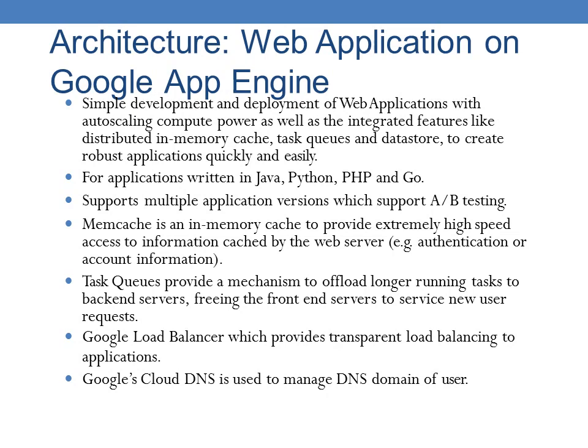Task queues provide a mechanism to offload longer-running tasks to backend servers, freeing the front-end servers to service new users. Google Load Balancer provides transparent load balancing to applications. Google Cloud DNS is used to manage the DNS domain of users.